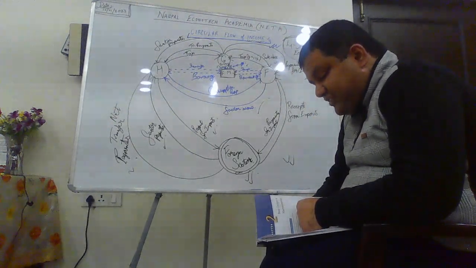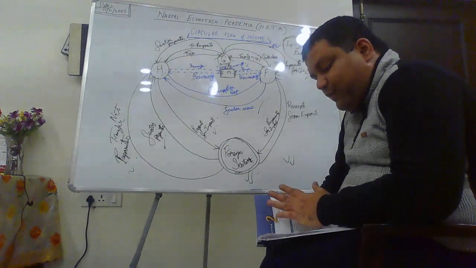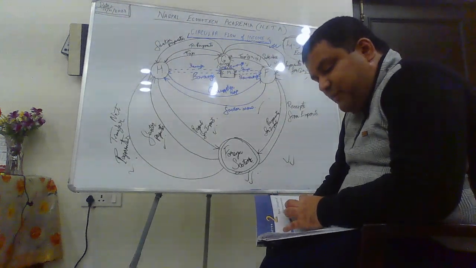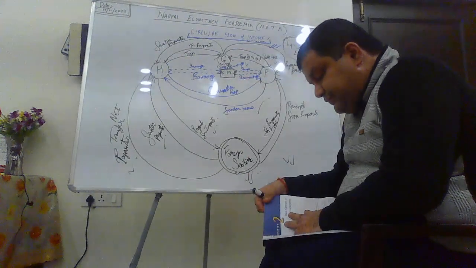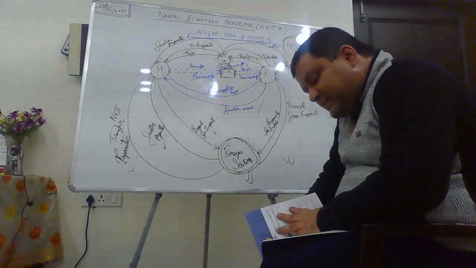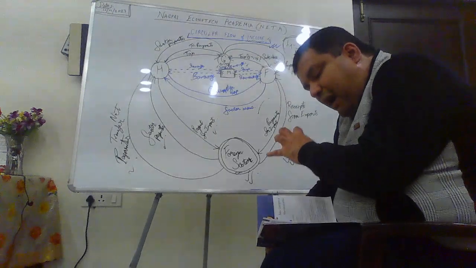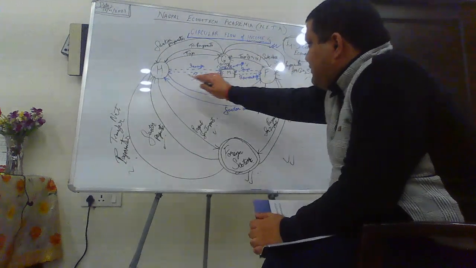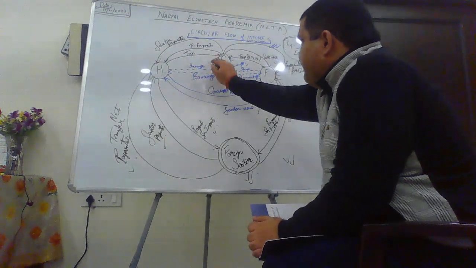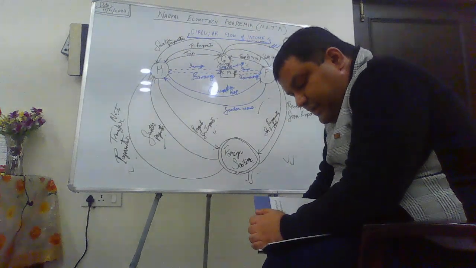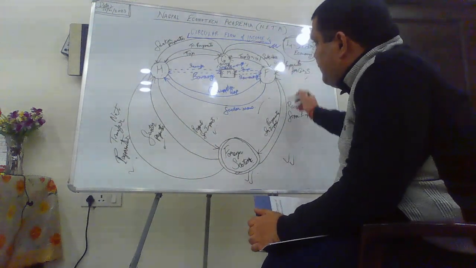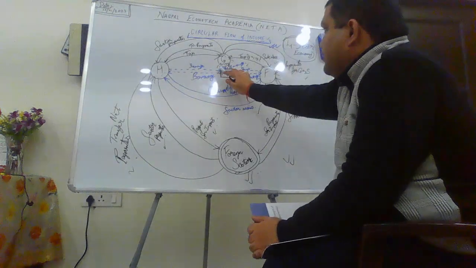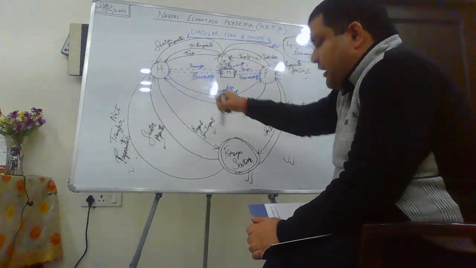First comes the leakages. Leakages basically refer to the withdrawal of money from the circular flow, as in case of savings. When the households and firms save a part of their incomes, it leads to a leakage from the circular flow of the economy.